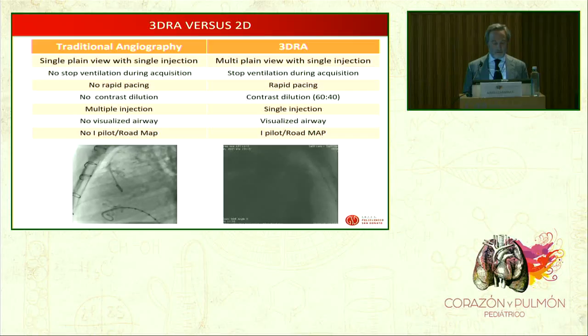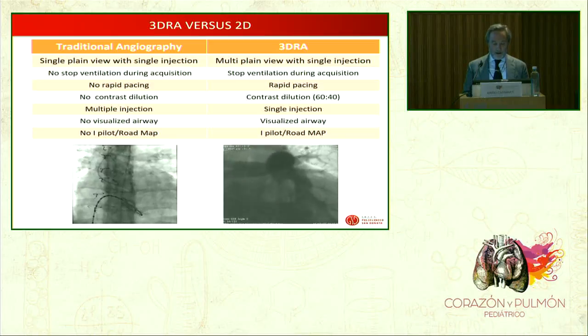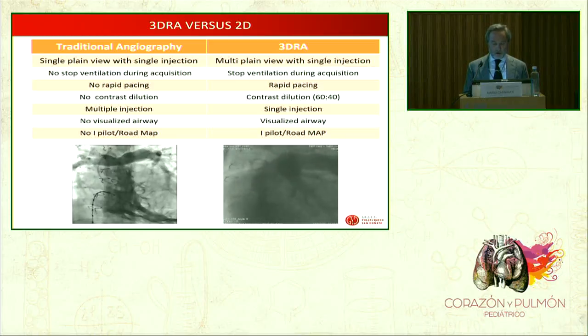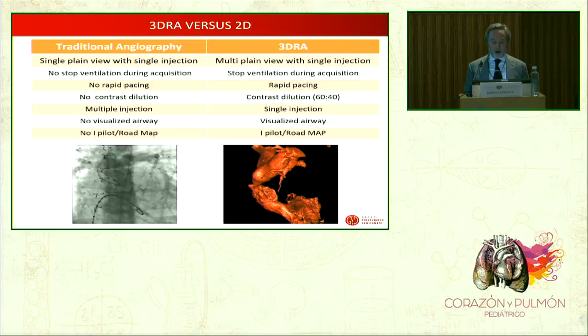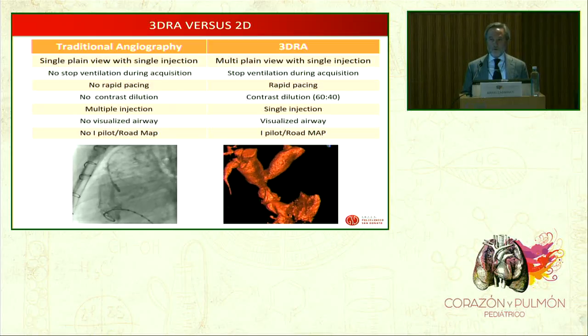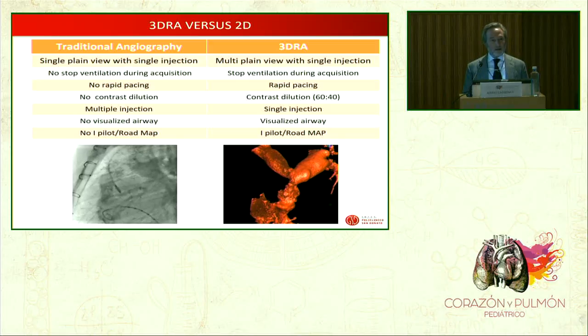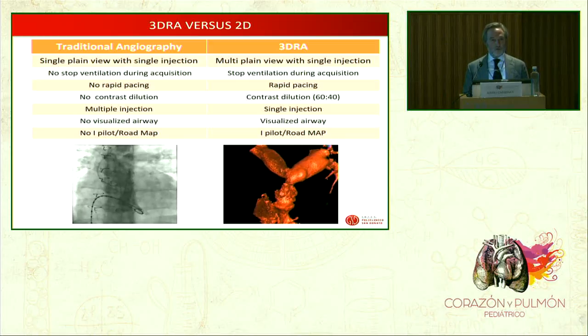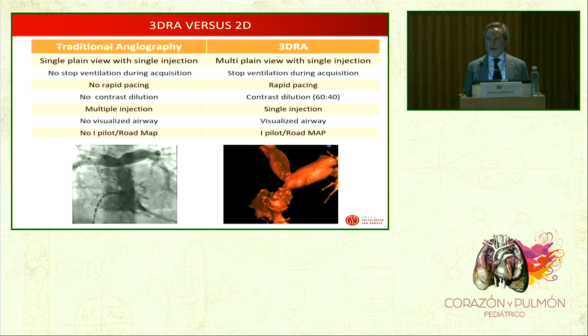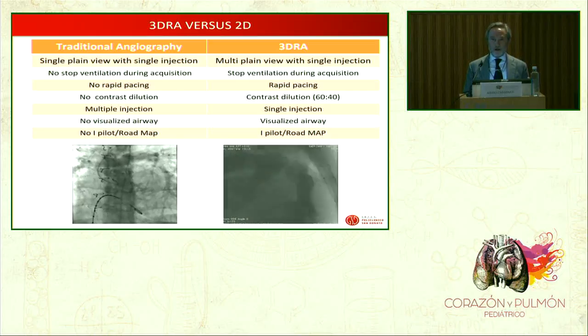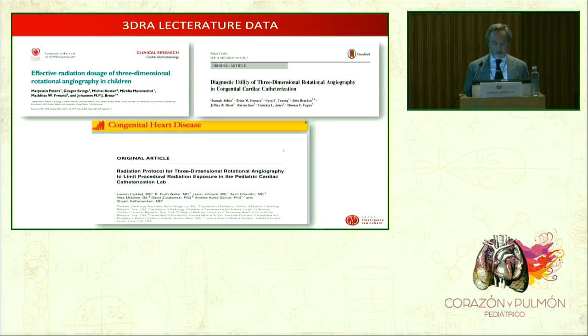There is no need of ventilation, rapid pacing, contrast dilution, etc. But the advantage of 3D rotational angiography is that with a single injection we can acquire multiple views of the anatomy. And this is a very useful guide to carry on with catheter manipulation to do diagnostic or interventional procedures.